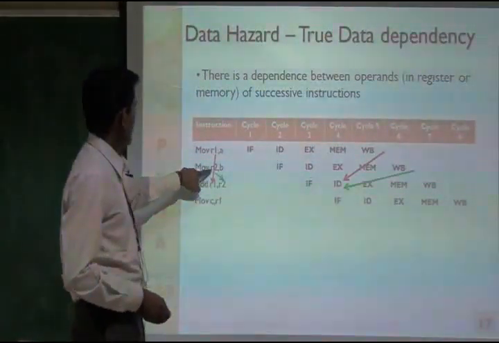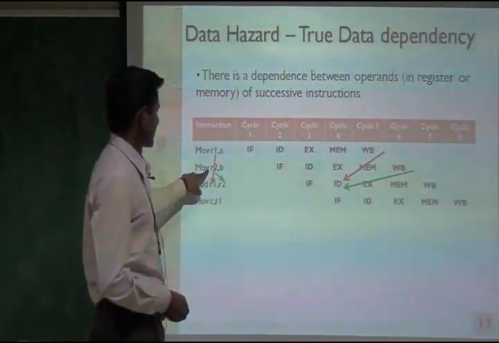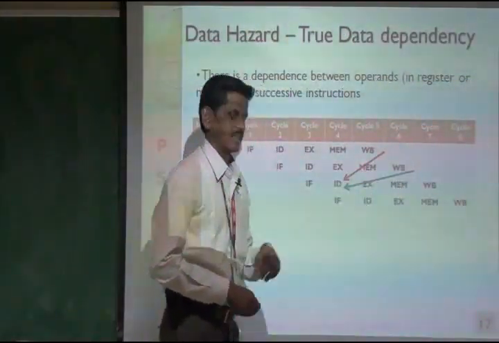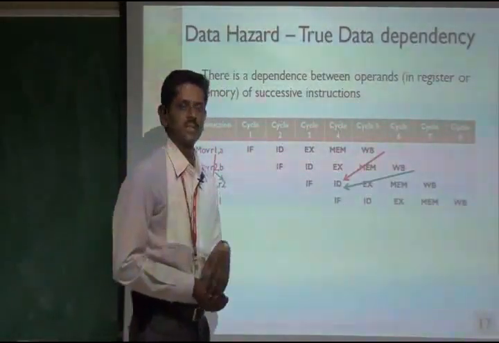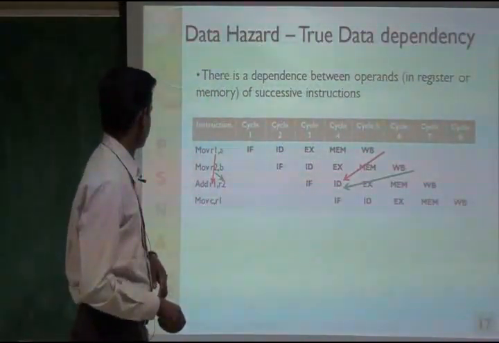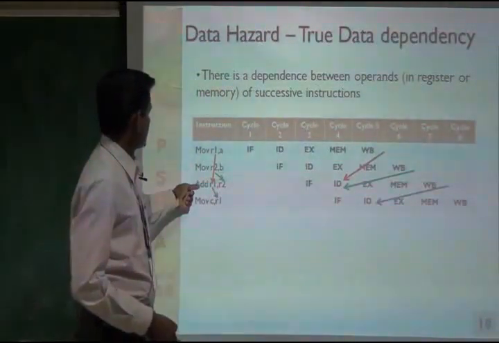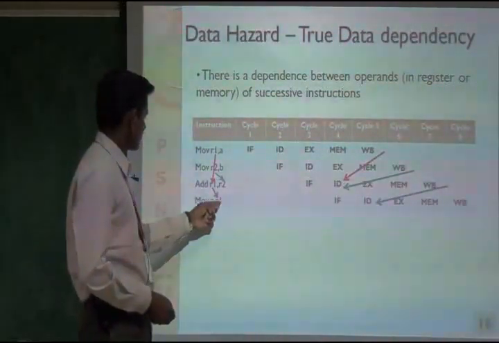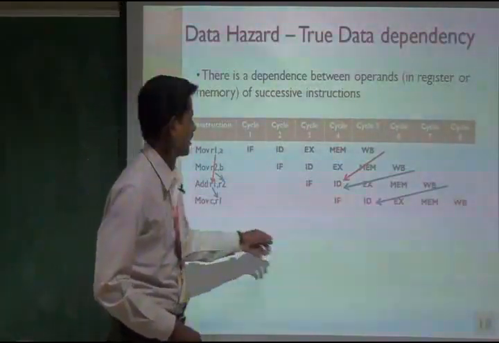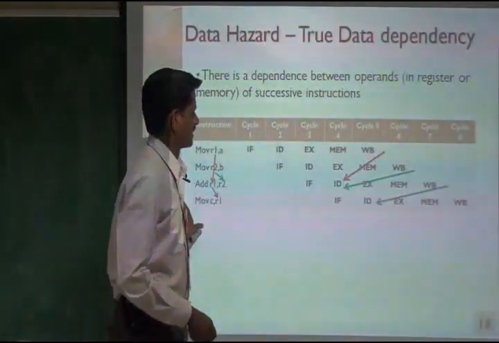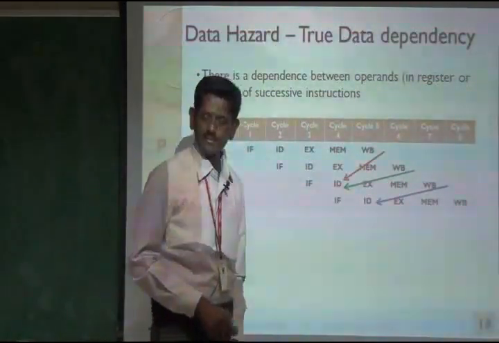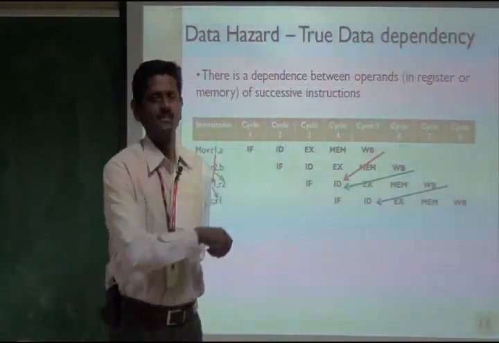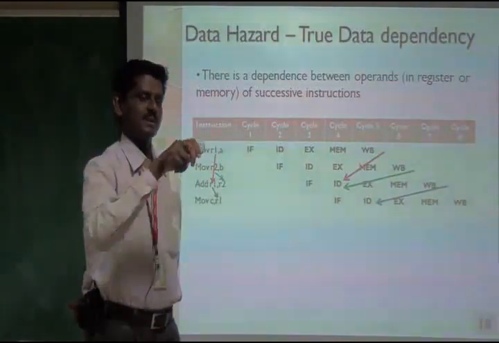Similarly, R2, the output of the second instruction, is also referred to by the third instruction. That is only available after clock cycle 6, but you try to access it in clock cycle 4. It is not possible. Similarly, the third and fourth instruction: the output of the third instruction is R1, which acts as input for the fourth instruction. That is available only after clock cycle 7, but instruction 4 tries to read it in clock cycle 5. So these things cannot happen. This is called data dependency, otherwise called true data dependency.